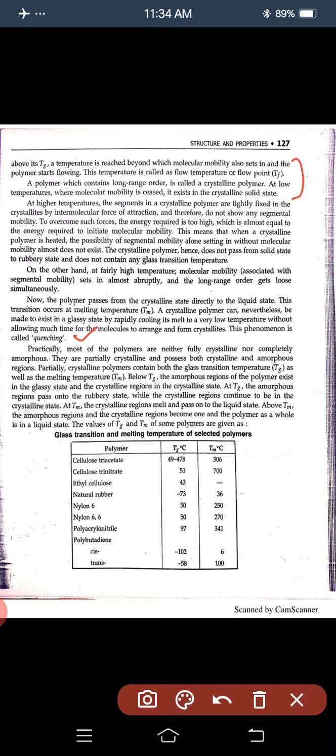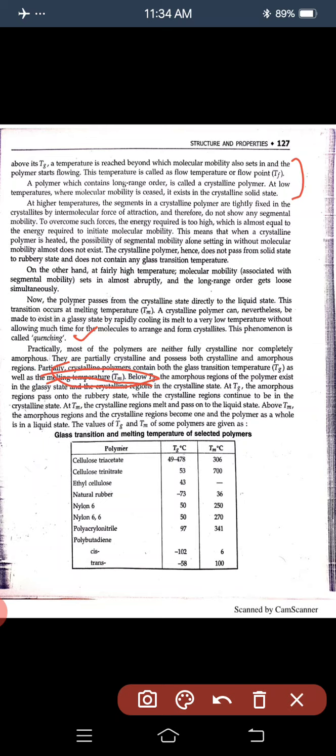Most polymers are neither fully crystalline nor completely amorphous. They are partially crystalline, possessing both crystalline and amorphous regions, with a melting point Tm and a glass transition Tg. Below Tg, the amorphous region of the polymer exists in the glassy state while the crystalline region is in the crystalline state.